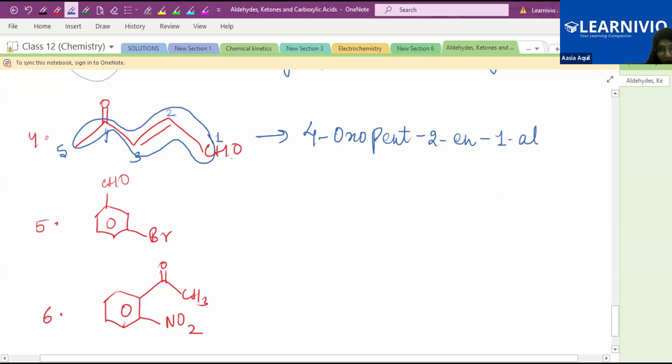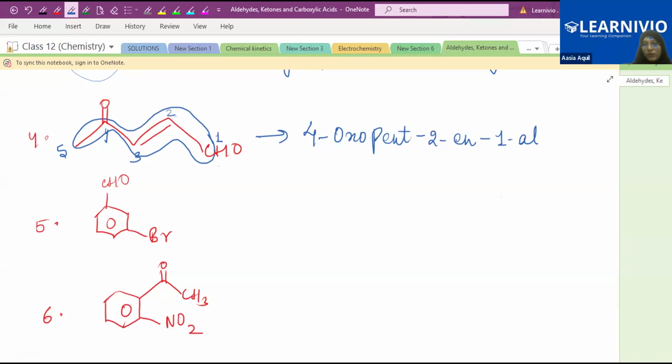On the first position there is an aldehyde group, so that will be the name. Fourth position, the oxo group, and this is the pentane. Pent, 2-ene: at the second position there is a double bond, unsaturation is present. And 1-al: at the 1 position there is the aldehyde. So that's how we can write down the IUPAC name.